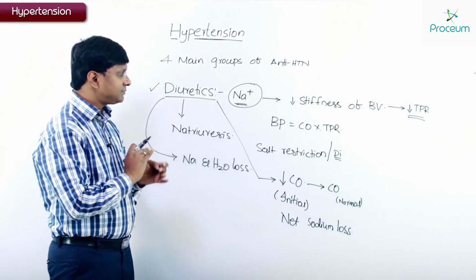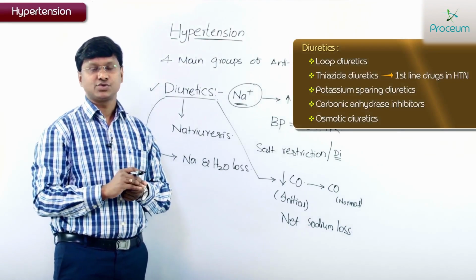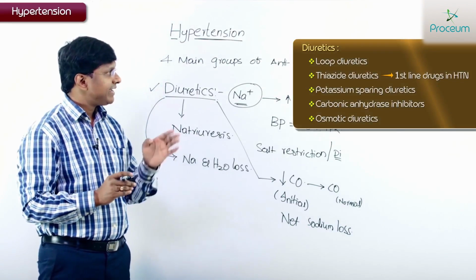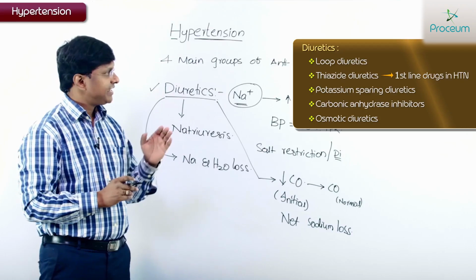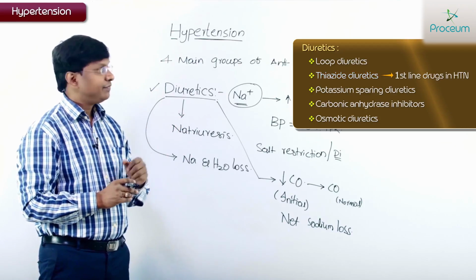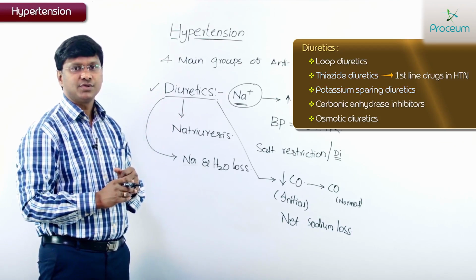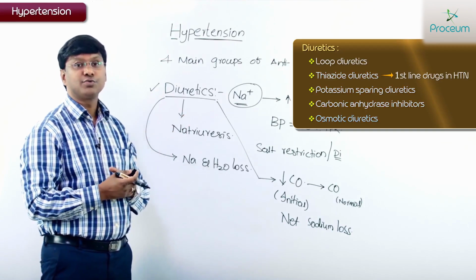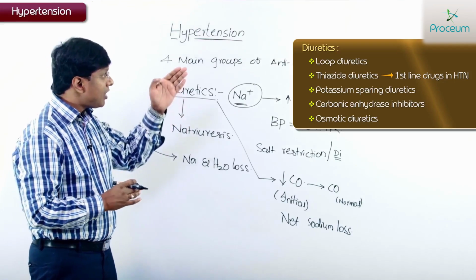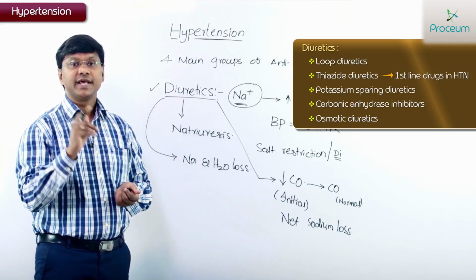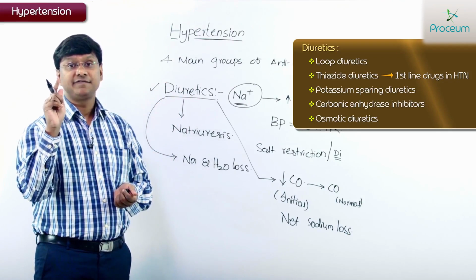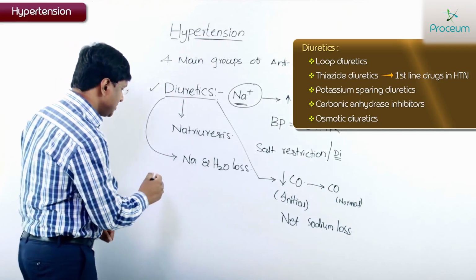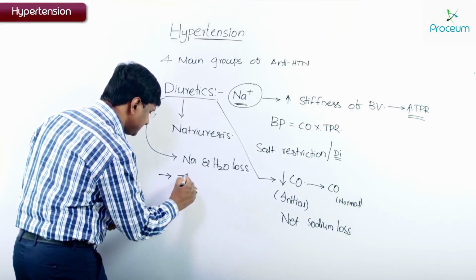Now, we have various classes of diuretics: loop diuretics, thiazide diuretics, potassium-sparing diuretics, carbonic anhydrase inhibitors, and osmotic diuretics. Among all these, remember, thiazides are the first line drugs in hypertension. This is a very, very important point.